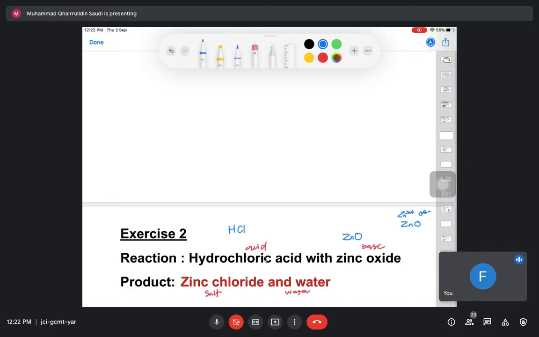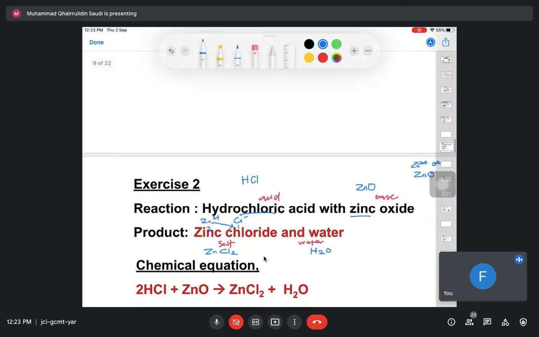Next one, the product will be zinc chloride. So, zinc chloride, macam mana dia punya formula? Zn2 plus, chloride Cl minus. Okay. Bawa turun dia punya charge 2, this one charge 1. Zn darab 1 dapat Zn. Cl darab 2, ZnCl2. And water, H2O. And then masukkan dalam equation.